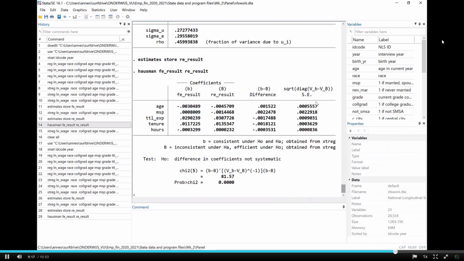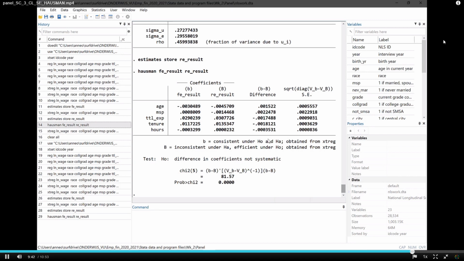But still, you see that the chi-square distribution says we have a value of 82, right? And the p-value is equal to 0. So what does it mean? That we reject the null hypothesis that there is no correlation between the X variables and the u_i.